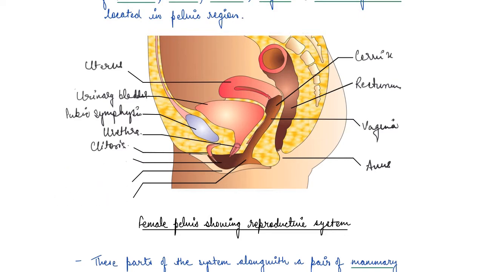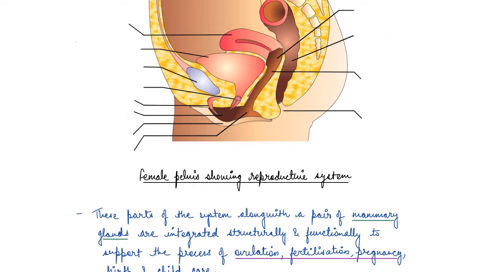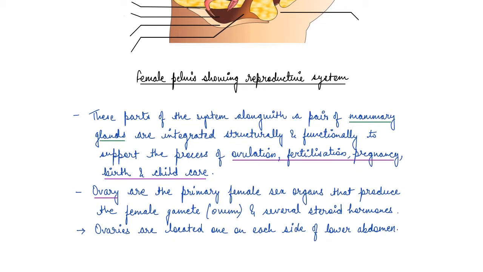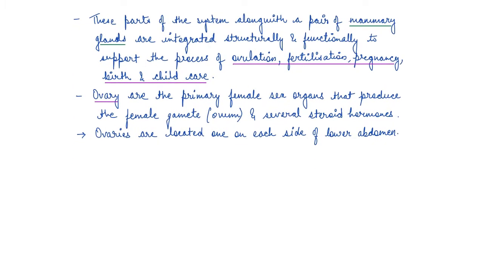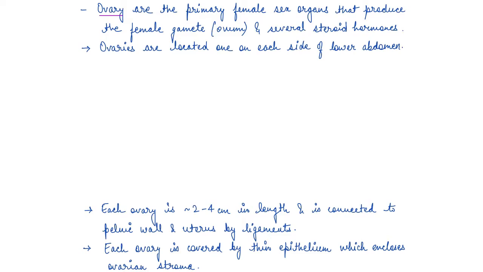Okay, so what we'll do is we'll start with all these structures one by one, and I'll explain all these structures as we did in the male reproductive system. So now we'll start off with the ovaries, right? Remember that ovaries are the primary female sex organ that produce the female gamete, which is the ovum, right?